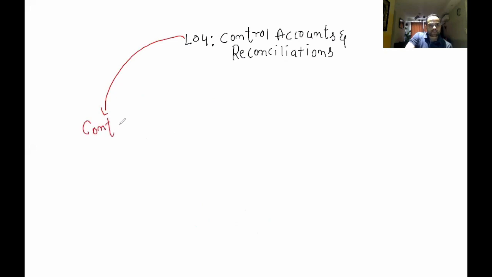So your learning outcome 4, right? Task 4 and task 5 both belong to your learning outcome 4. This is your last learning outcome.